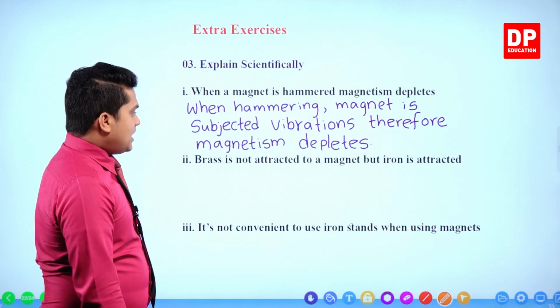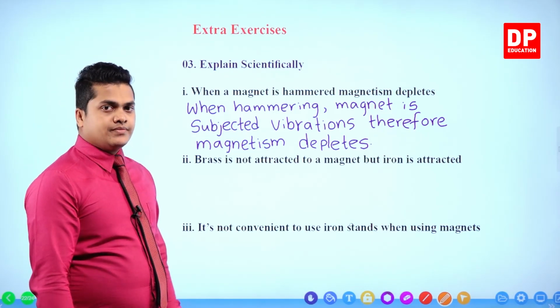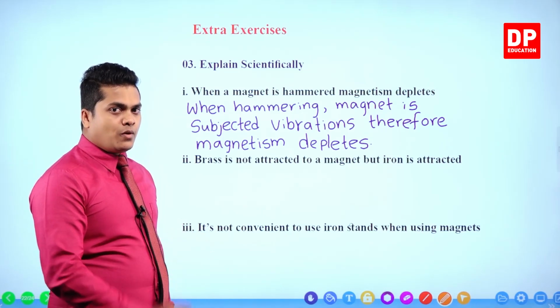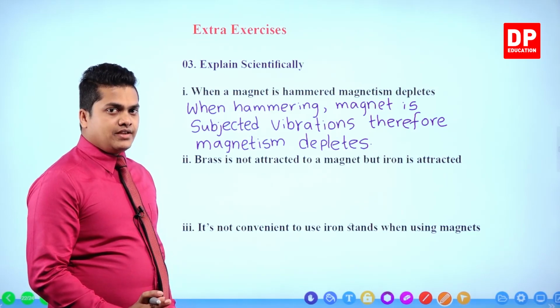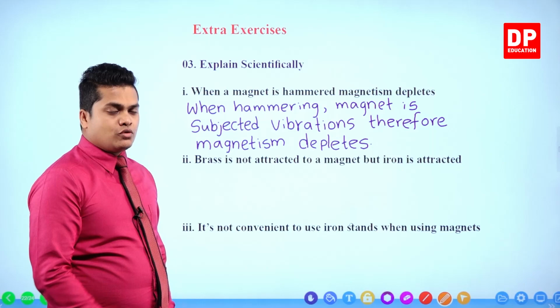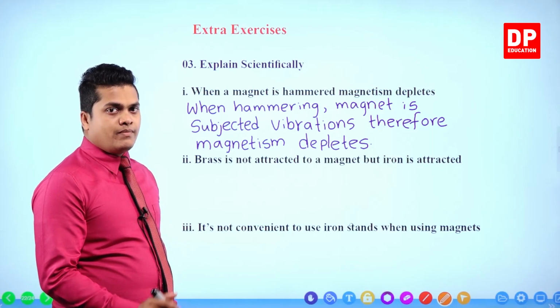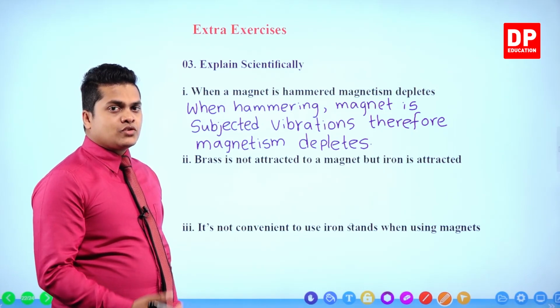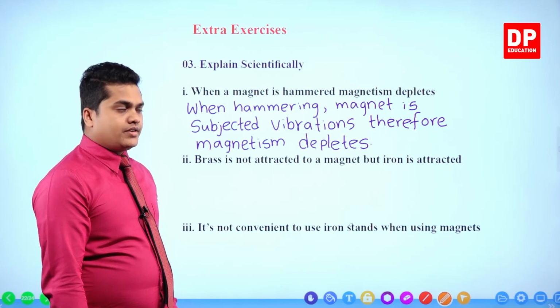Next one. Brass is not attracted to a magnet, but iron is attracted. Like in the copper case, brass is also a material that does not show magnetic properties. So brass will not be attracted to a magnet, but iron is a good magnetic material. Therefore, iron will be attracted towards a magnet.